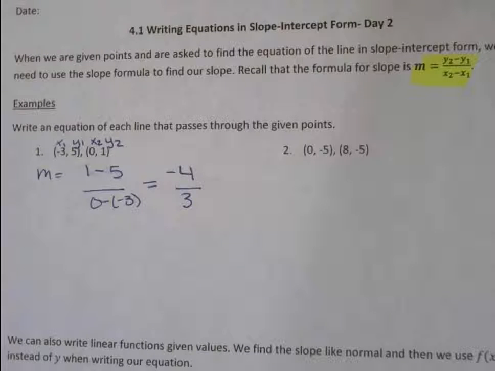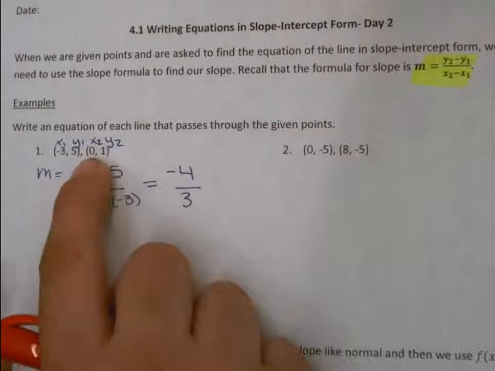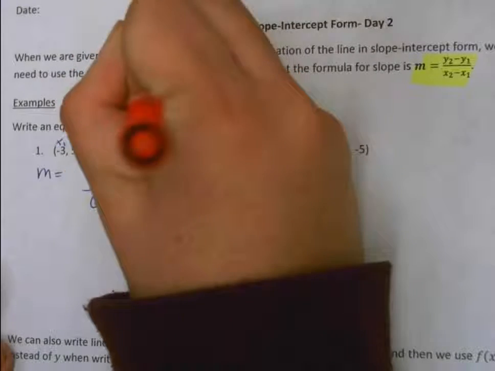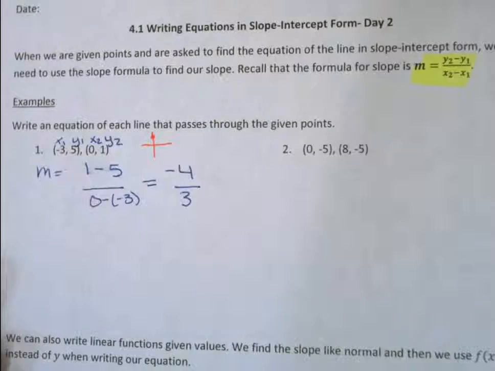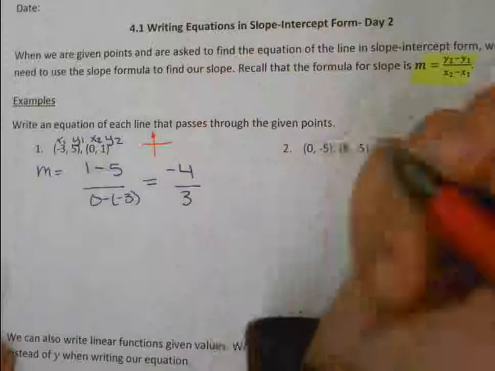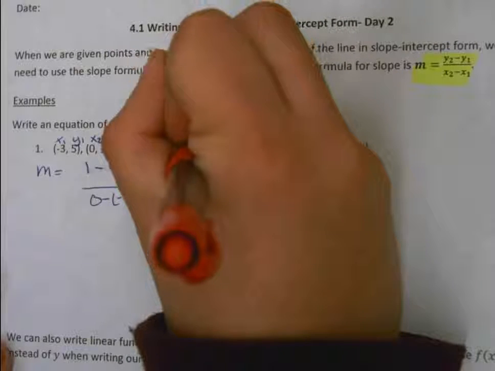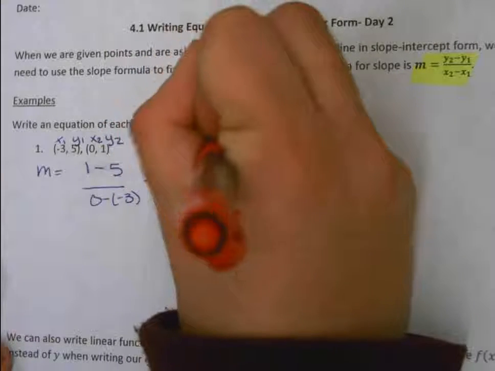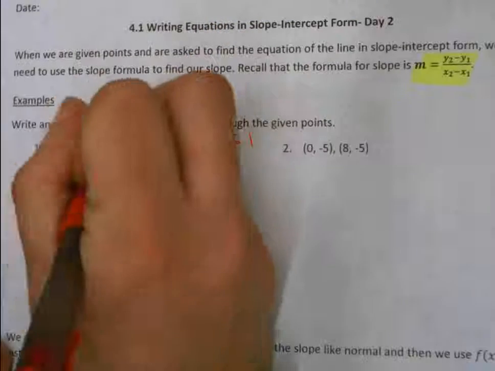And I have to figure out my y-intercept. Notice that when my 2 points were given to me, I had 0 and 1. If I plotted that point, it's right on the y-axis. So my y-intercept is gonna be 1. And that came from right here.